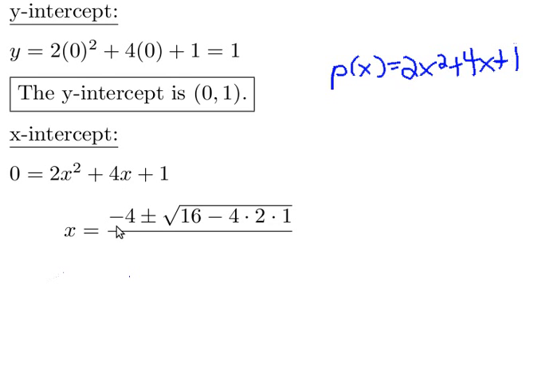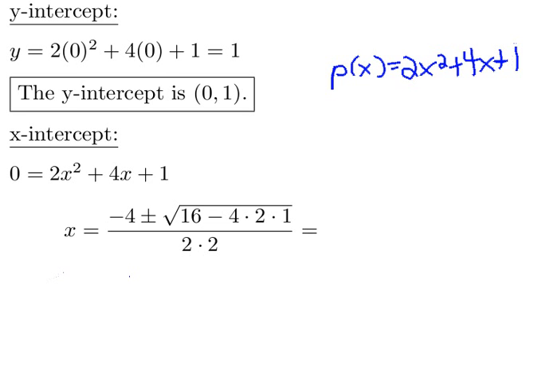So negative b plus or minus the square root of b squared minus 4 times a times c, all over 2 times a. So remember, this is an example where we don't just have 2 times 1, it's going to be 2 times 2.